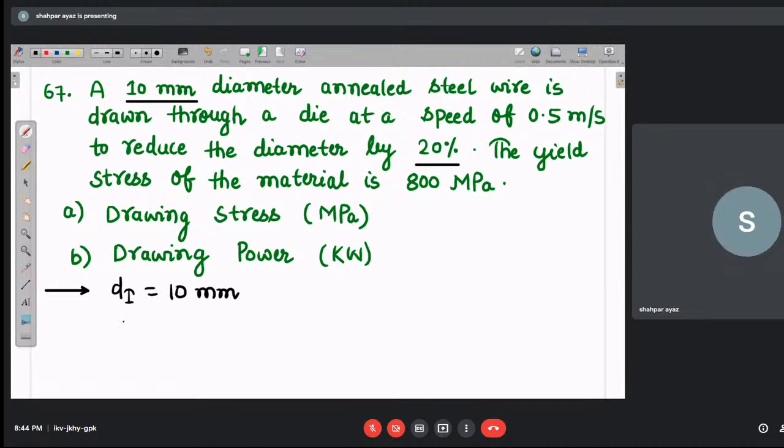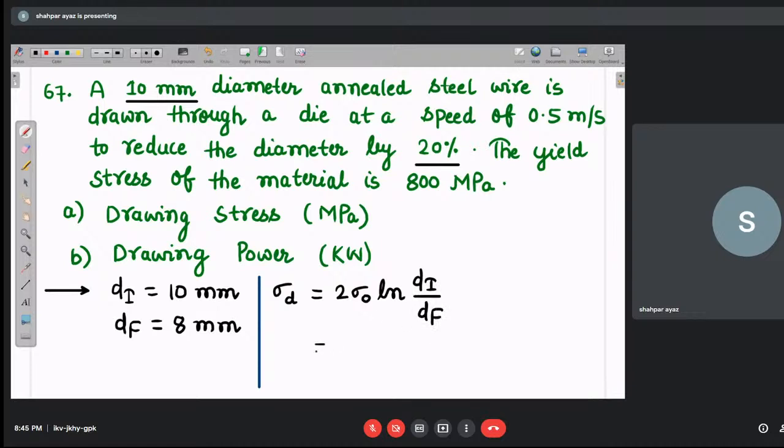10 mm, 20% reduction means it is 8 mm, right? 800... This we are going to get what? 357 megapascal.